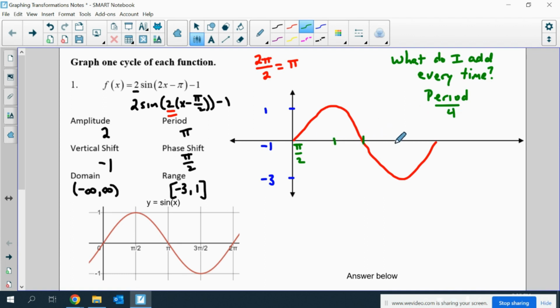That will get me each of these tick marks that I need. So the period is pi, divided by 4, so I'm going to add pi over 4. So I add pi fourths, and I get 3 pi fourths, 4 pi fourths, which is pi, 5 pi fourths, and 6 pi fourths, which is 3 pi halves.